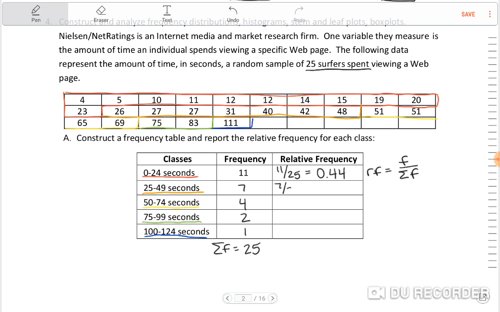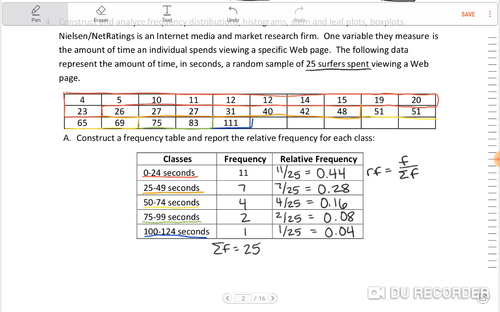Then 7 out of 25 is 0.28, 4 out of 25 is 0.16, 2 out of 25 is 0.08, and 1 out of 25 is 0.04.